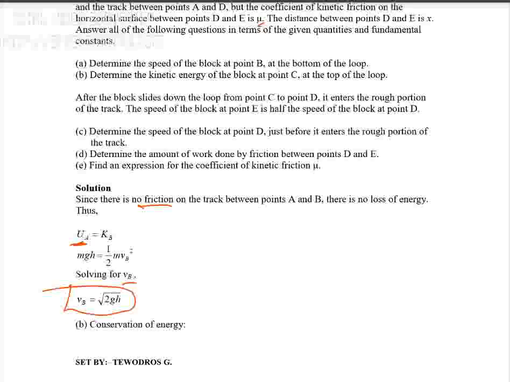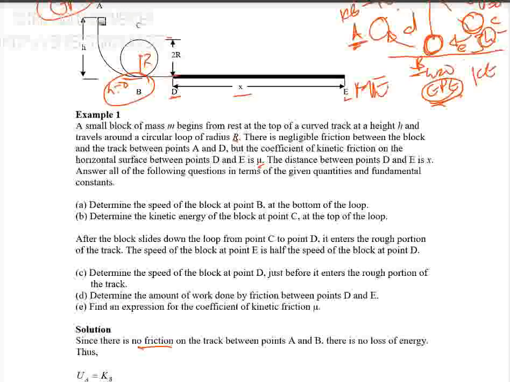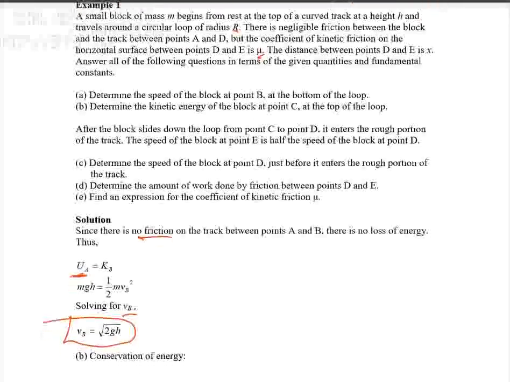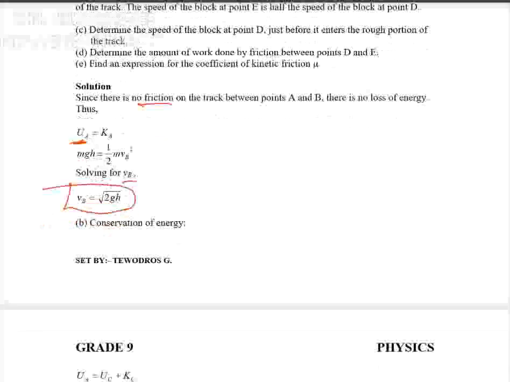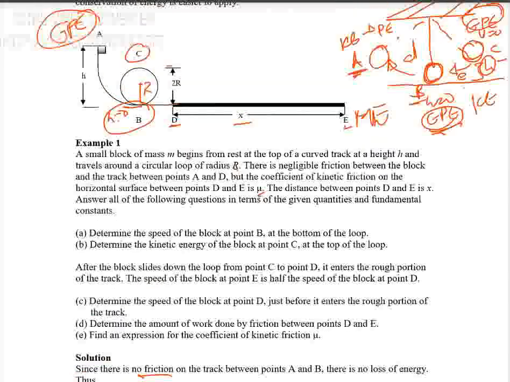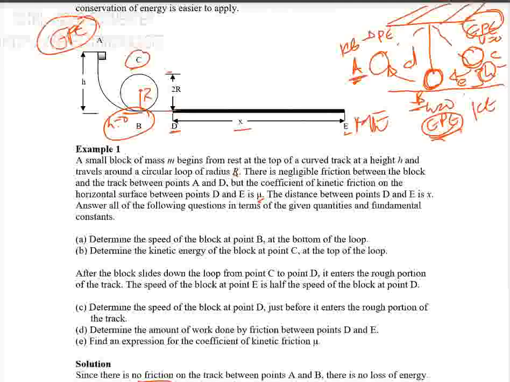B, determine the kinetic energy of the block at point C. At point C means at this point, the midpoint of A and B. Since energy is conserved, at C there is some height and the object is moving. Therefore, it has both potential and kinetic energy.